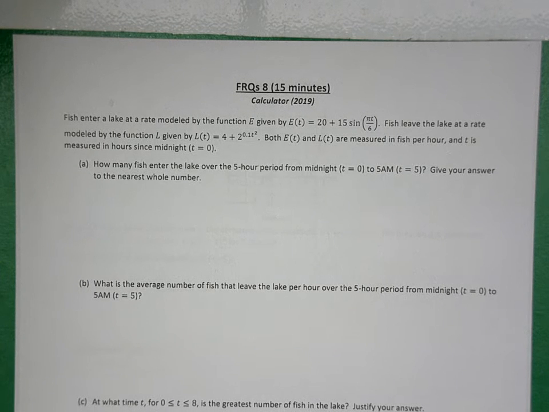We have fish enter a lake at a rate modeled by the function E. Fish leave the lake at a rate modeled by the function L. Both E of t and L of t are measured in fish per hour, and t is measured in hours since midnight, t equals 0.